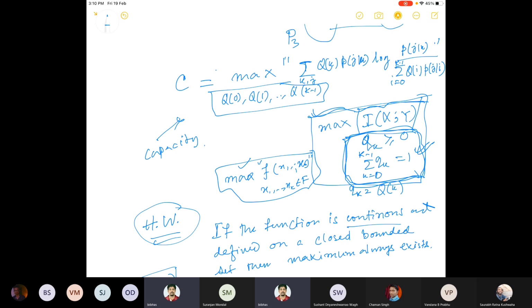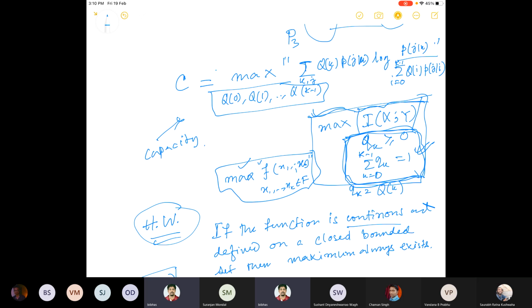And the meaning of the channel capacity is that the data which you are transmitting reliably over the channel, you have to transmit at a rate. Rate means per unit time, and that rate has to be below the capacity. Then that is what is actually meant by reliable. Then only that communication will be reliable.